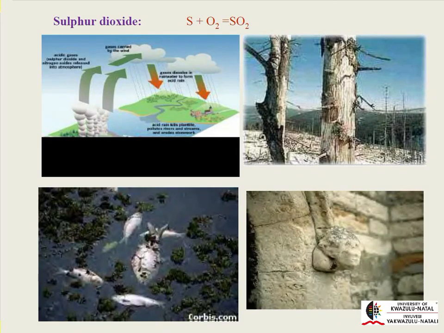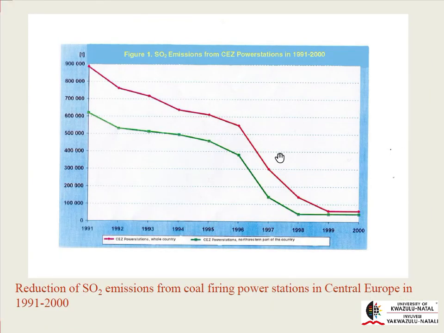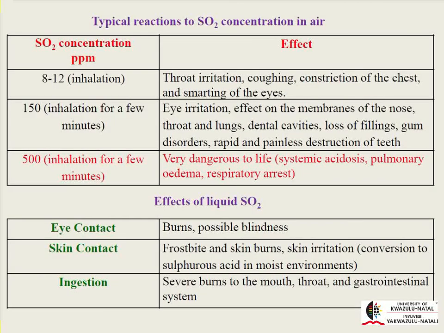Those are the SO2 effects. There has been considerable effort to reduce emissions of harmful gases, as you can see, over the years. This is the effect of sulfur dioxide, which you can go through as well.